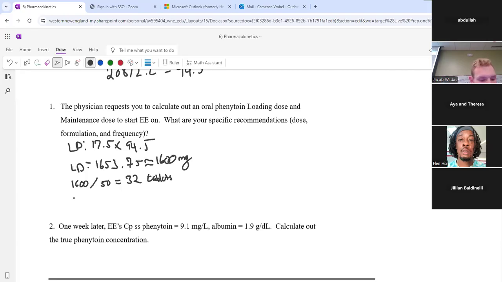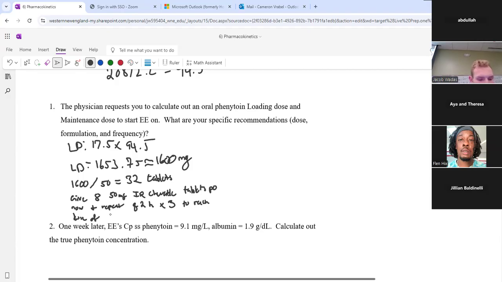The way you would write your recommendation is: give 8 50 milligram IR chewable tablets by mouth now and repeat every 2 hours 3 times to reach the loading dose of 1600 milligrams.